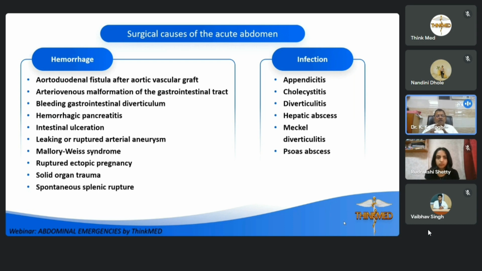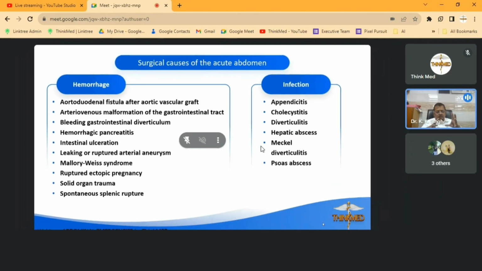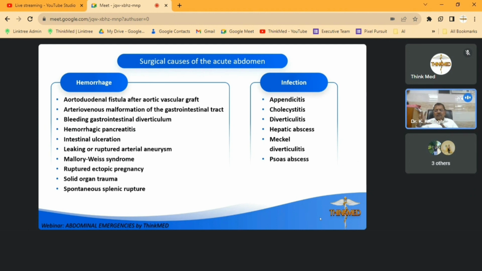Meaning thereby, whenever in a patient of acute abdomen, you find that there is unexplained and sudden anemia, then you should be very cautious and think of these causes. Whereas the other group is of infection. Infection can occur in any of the abdominal organs. Now, how will you differentiate between hemorrhage and infection?